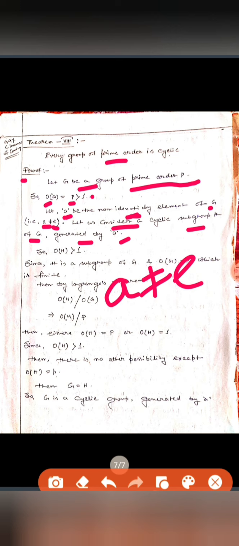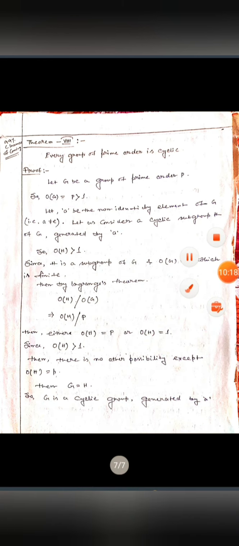So we cannot choose the cyclic subgroup H to be generated by the identity element E. We must take a non-identity element and a cyclic subgroup H of G generated by A. So obviously the order of H is greater than 1, because A is not equal to E, so the order of H cannot be 1.